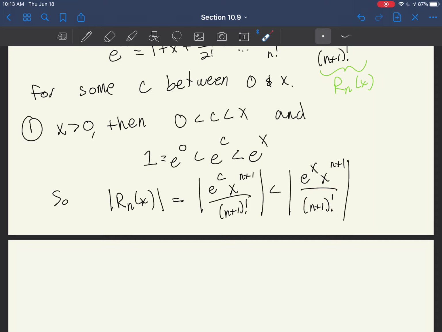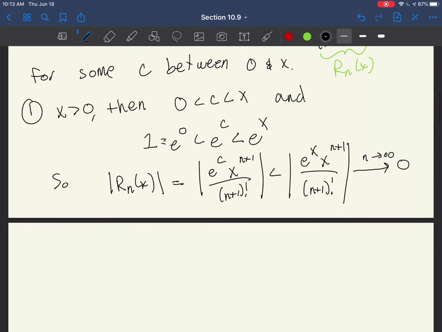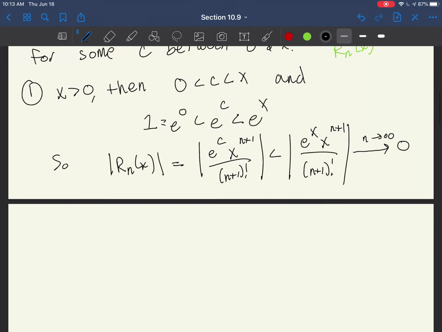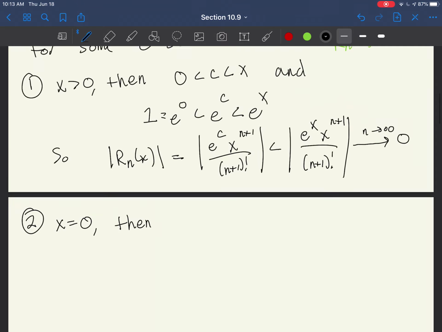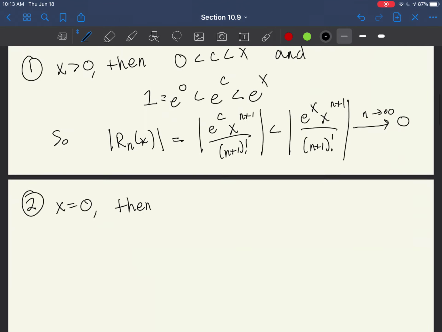And so as x is fixed, as n goes to infinity, the denominator is going to win. The factorial is going to grow faster than some constant to the n. So this is going to approach 0 as n goes to infinity, which is what we wanted. We have shown that the error term goes to 0, so therefore this function converges to the Taylor series for x greater than 0. We now do the case that x equals 0.